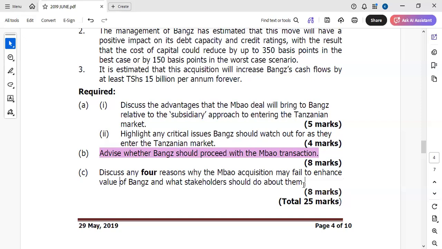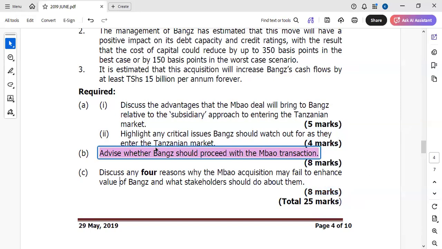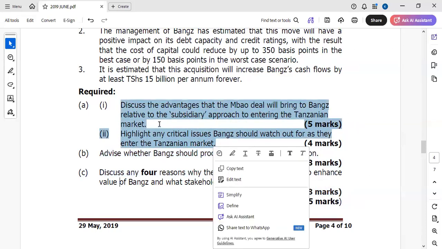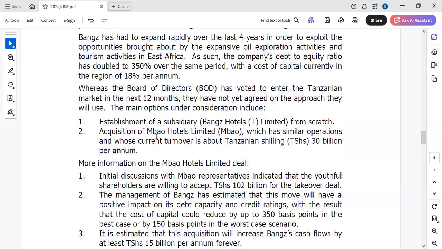So we have theory marks: 5 plus 4, 9 plus 8, those are 17 marks. Part B is computation, which we are not going to do now. So we need to clear these 17 marks. If you are in an exam, can you really score those 17 marks?